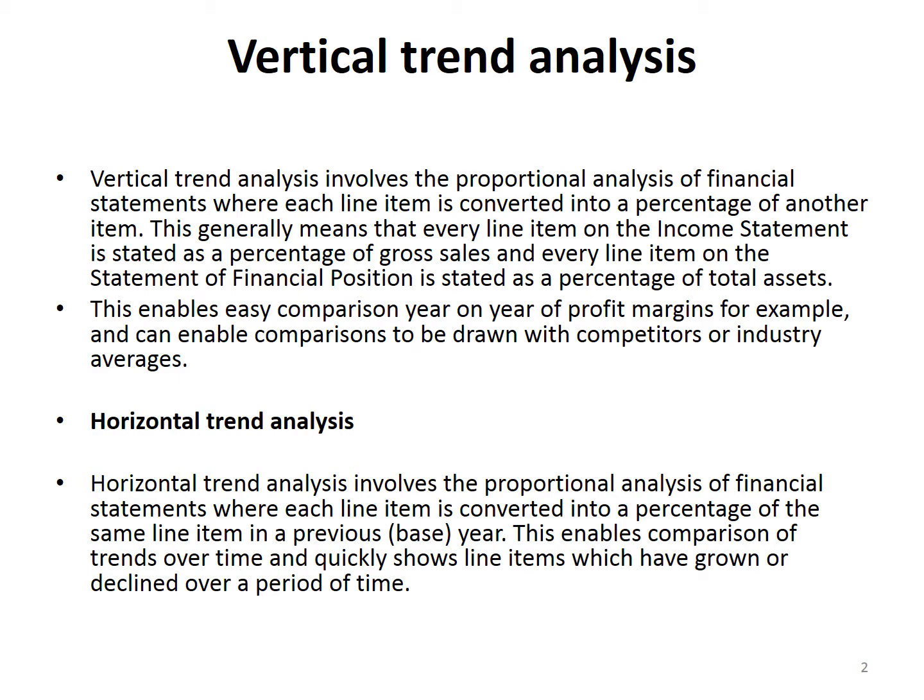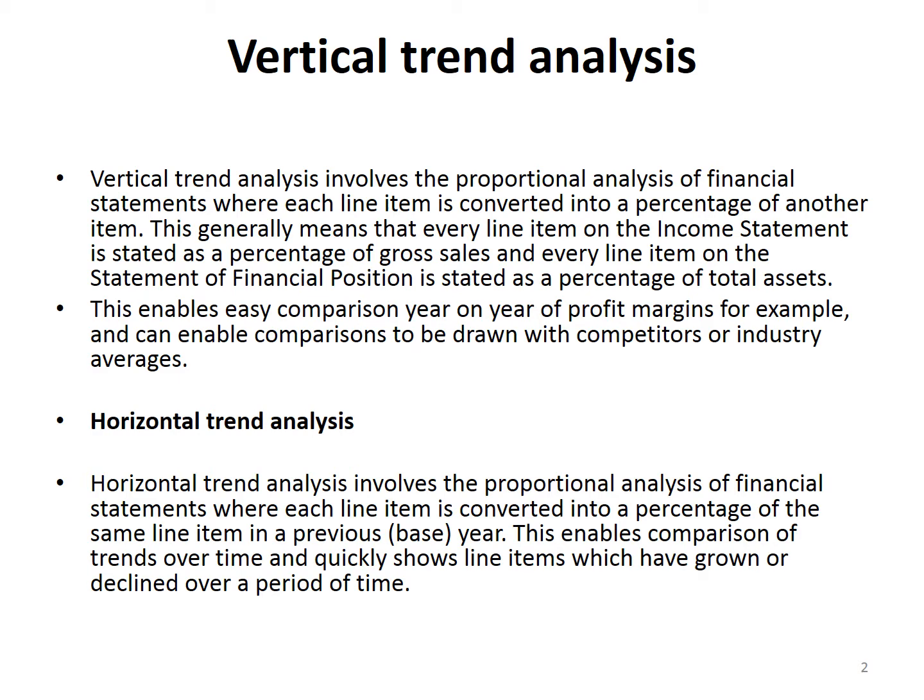How can this be used for comparisons? In the vertical trend analysis, let's say one particular business may say my gross profit percentage is this much of revenue, and you can compare that with another in the same industry. Gross profit margin or net profit margin can be compared with another in the same industry. Or if you take the statement of financial position, the base will be, let's say, total assets.